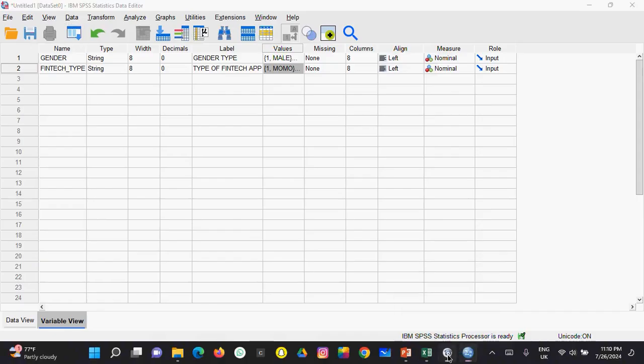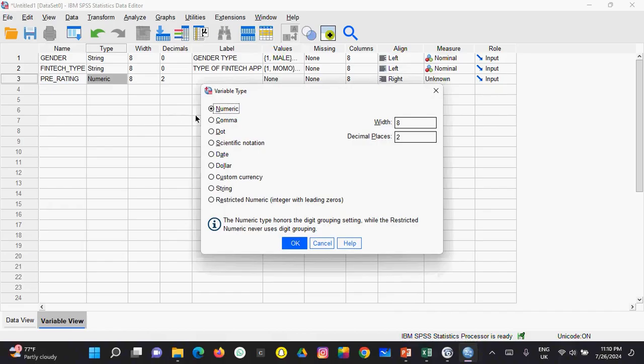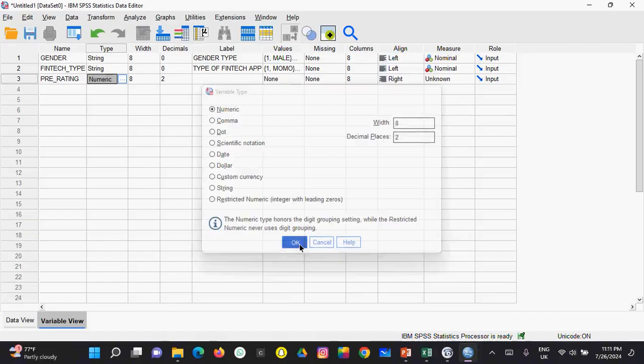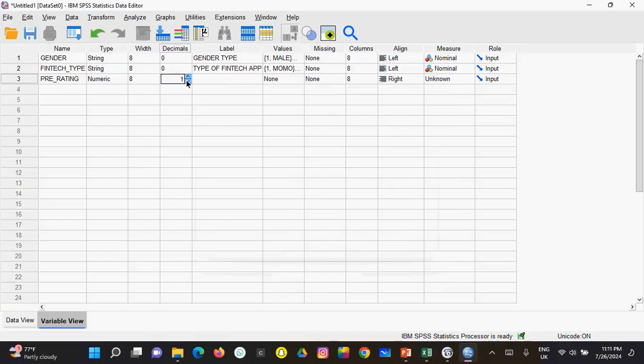Right now, we are coming to also code for the pre-rating and then the post-rating. So pre_rating. This is numeric. Leave it at numeric, and then maybe change it to scale.